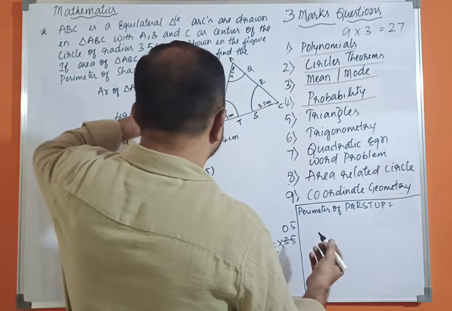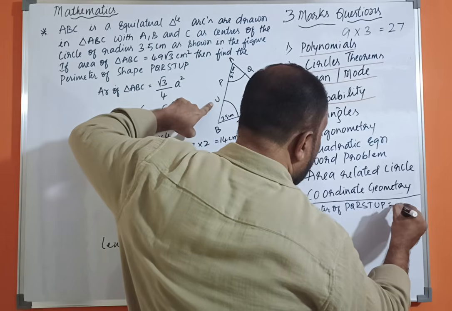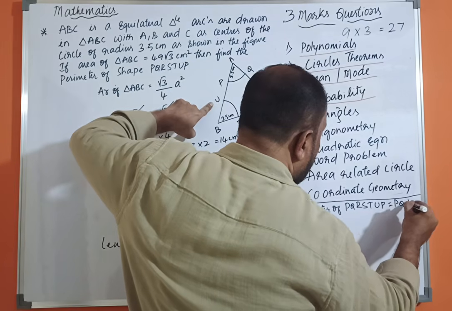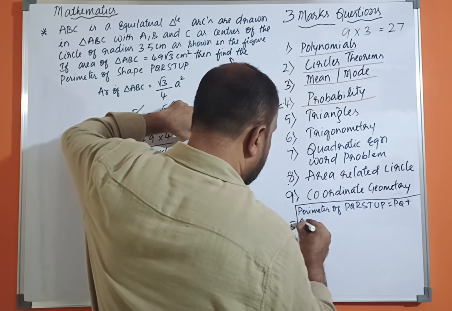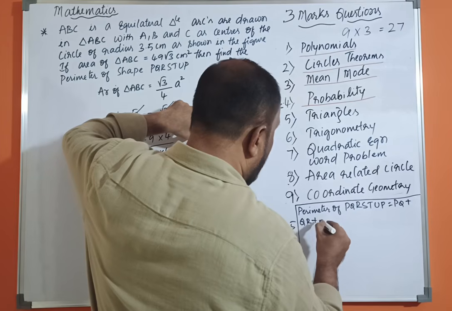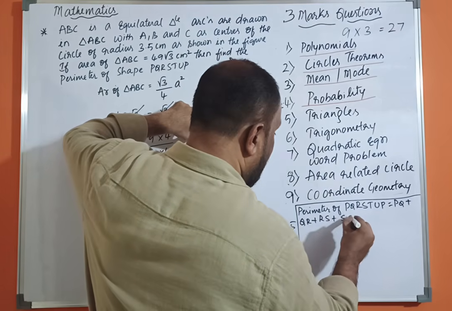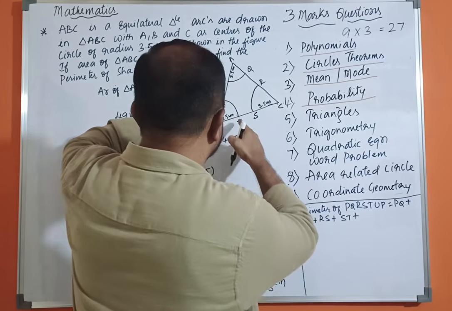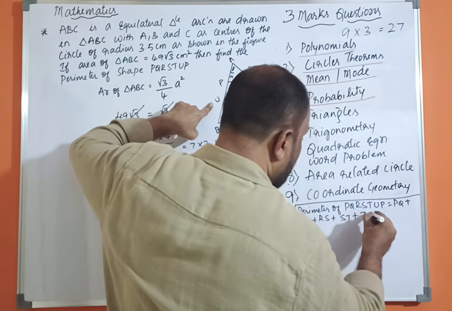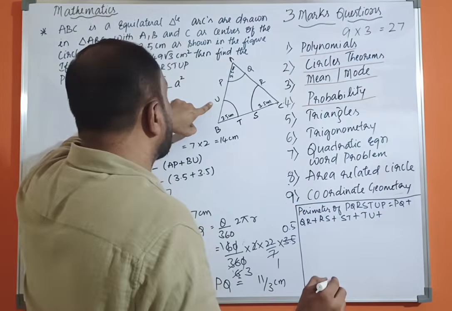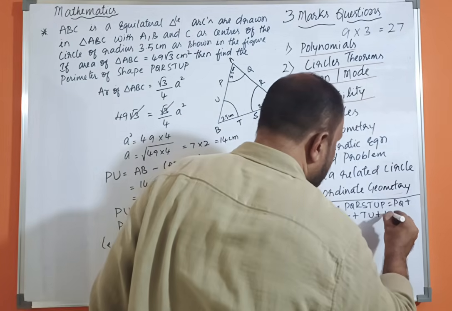What are the sides we need? PQ plus QR plus RS plus ST plus TU plus PU.